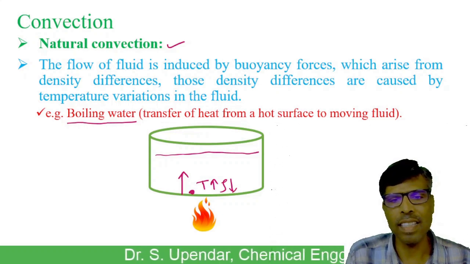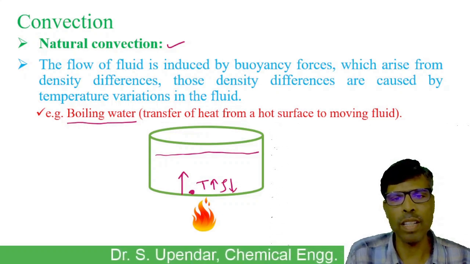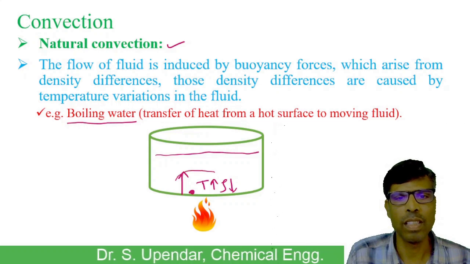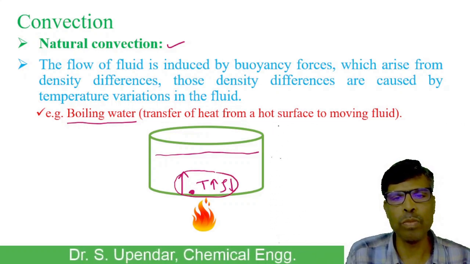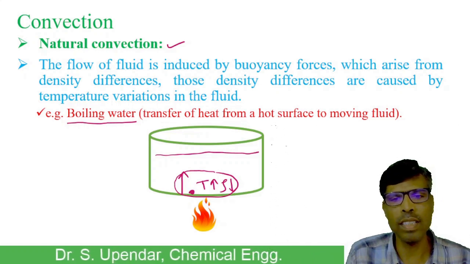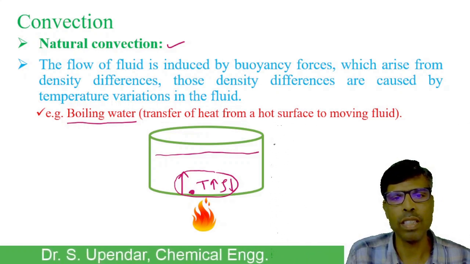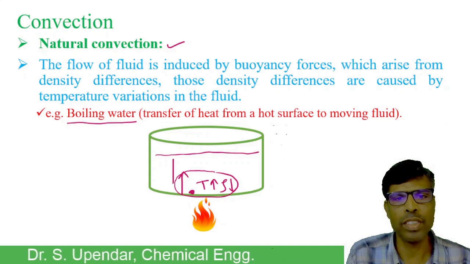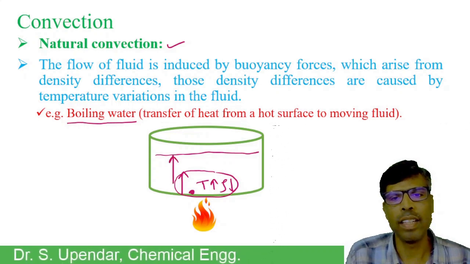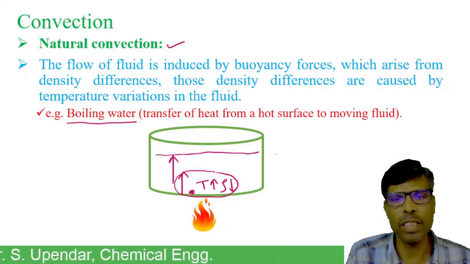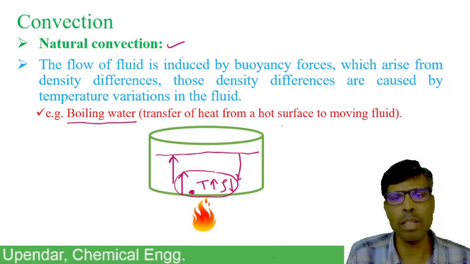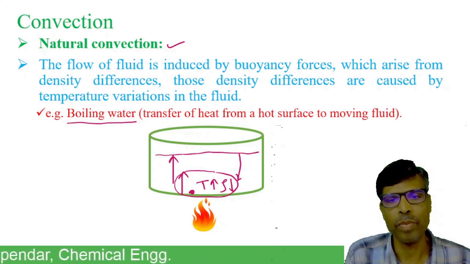This decrease in density leads to buoyancy forces. These buoyancy forces cause the low density or high temperature fluid to move upward, and high density or unheated cold fluid moves downward, which replaces the hot fluid.